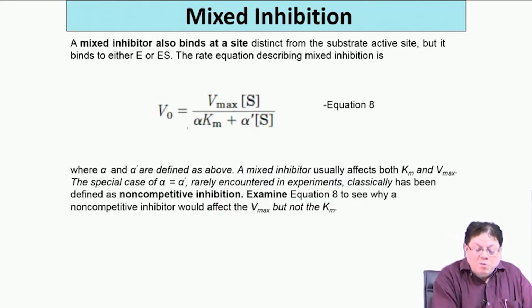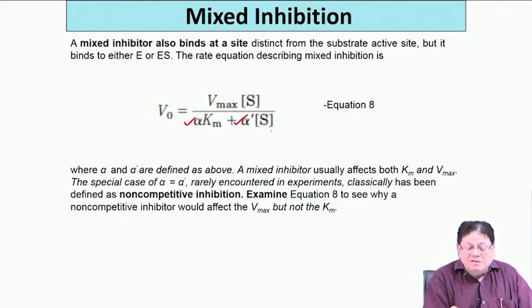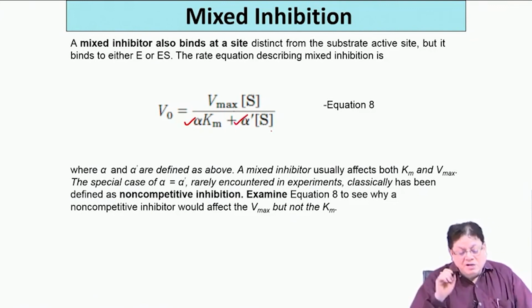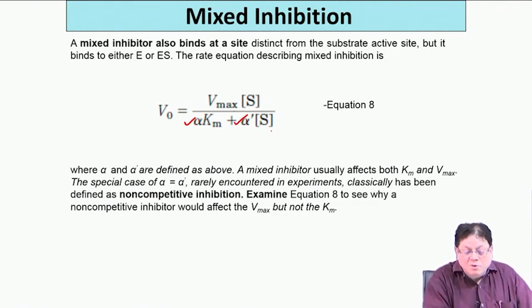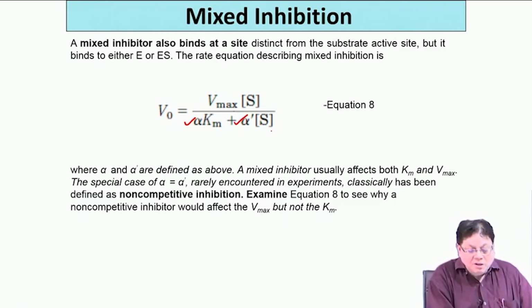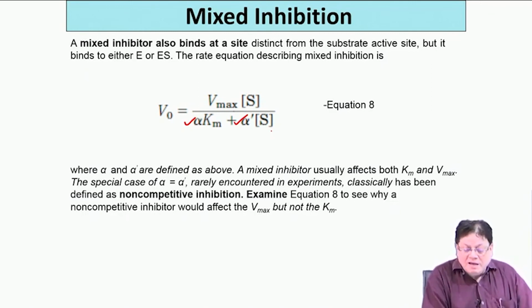In this case, both Km and Vmax have this alpha and alpha dash. If alpha is equal to alpha dash, that is the case of non-competitive inhibition.